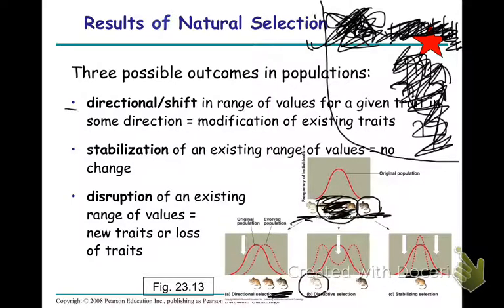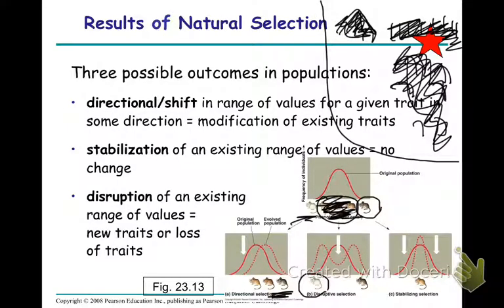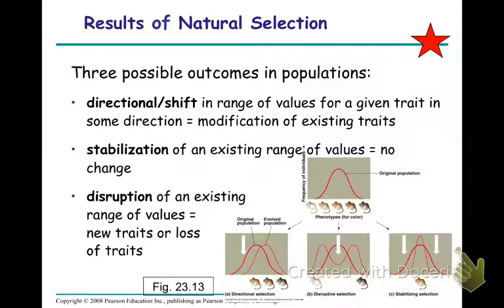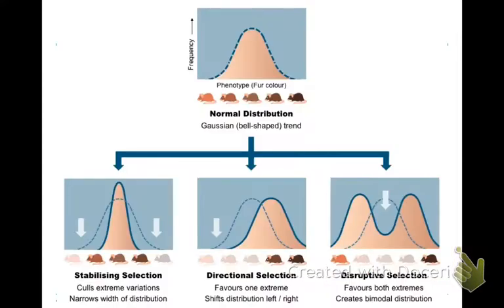So you can have directional shift, a shift in a certain direction, or you can have a stabilizing effect, that is, there is no change from one extreme to the other, or you can have disruption of the existing range and new traits are coming up, or there is a loss of traits. This is again running home the same point.